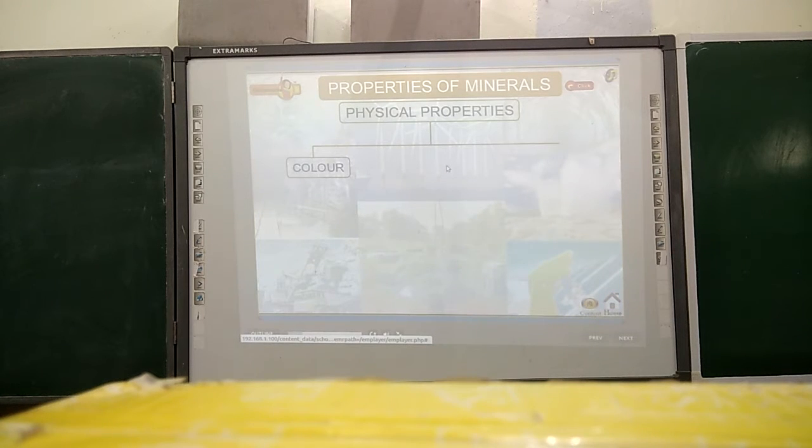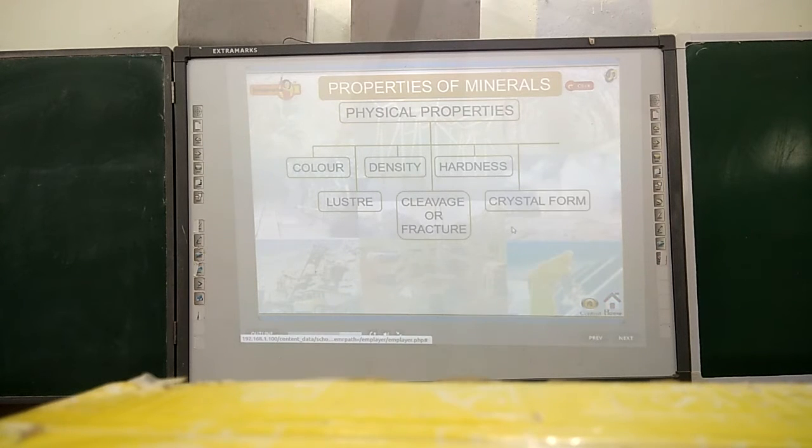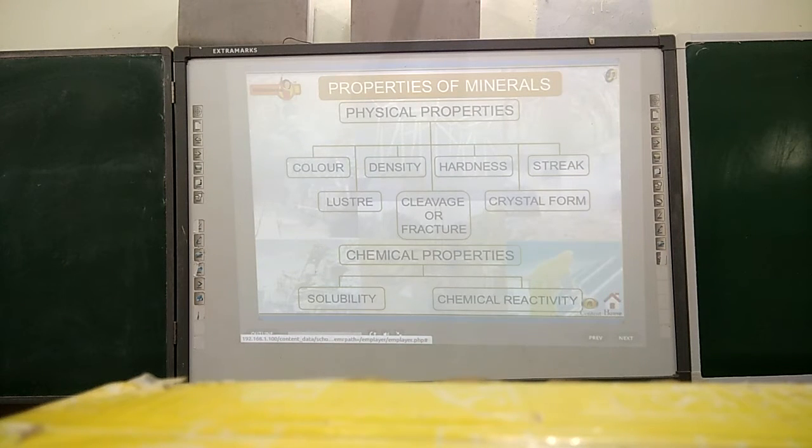Color, luster, density, cleavage or hardness, crystal form, and streak. The chemical properties of minerals include solubility and chemical reactivity.